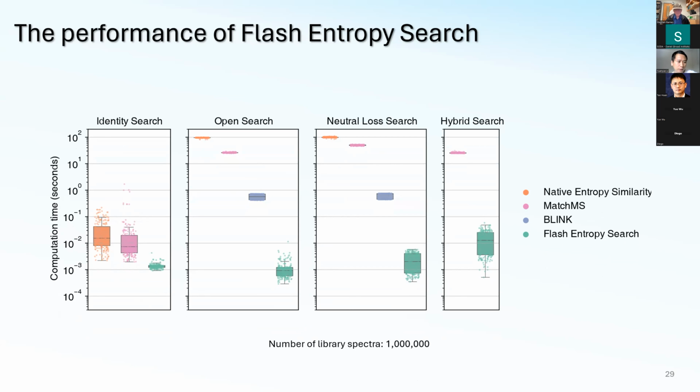I also want to mention there are many fast library search methods, such as the one I showed, Blink, and I also have some methods that will be published. Many of those methods cannot do hybrid search, but our method can. Because hybrid search is much favored in the metabolomics field, I think our method will be very good.